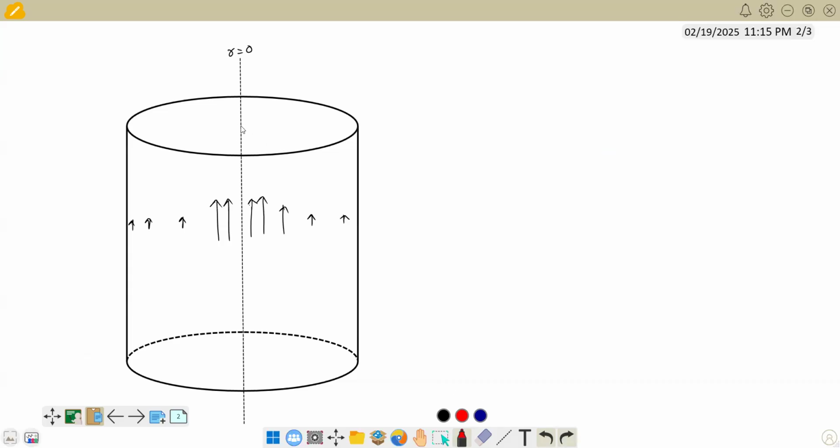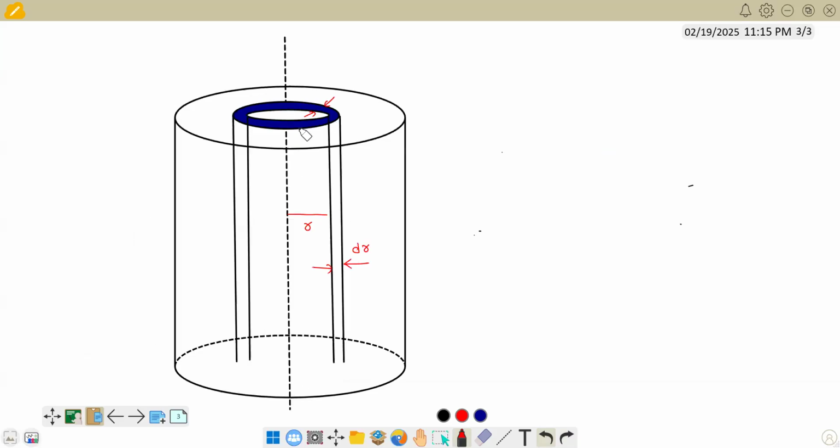At a distance of r, I will select a small strip, a small imaginary cylinder of thickness dr. So at a distance r, I selected a small strip of thickness dr. This is exactly how it looks.